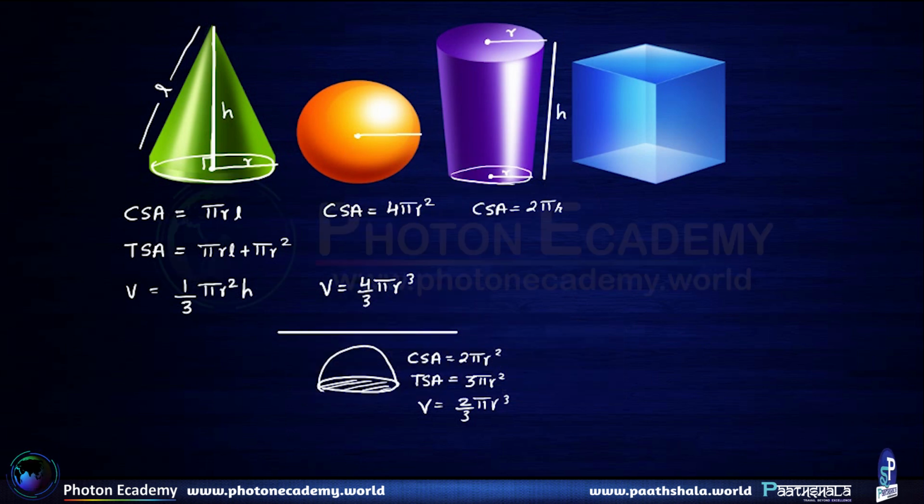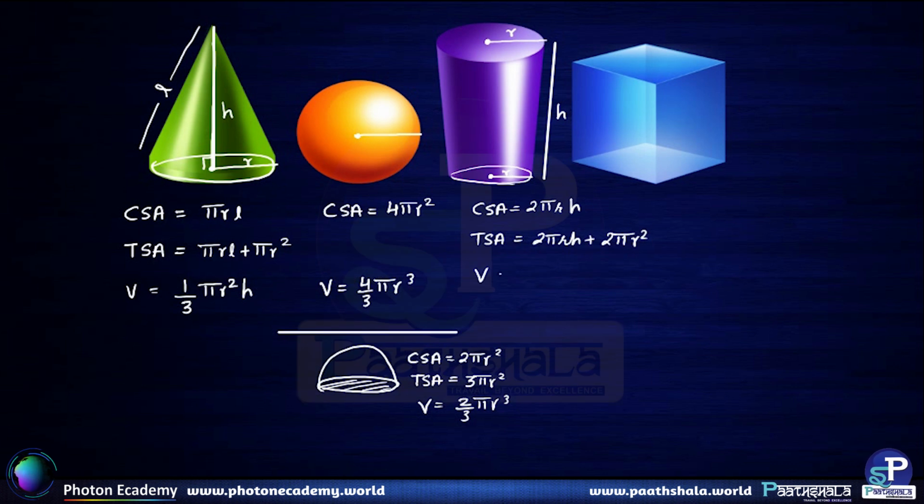Total surface area for the cylinder is going to be equal to 2 pi rh plus twice into pi r square. So the upper circle's area and the lower circle's area get added over here, and volume of the cylinder is going to be equal to pi r square h.